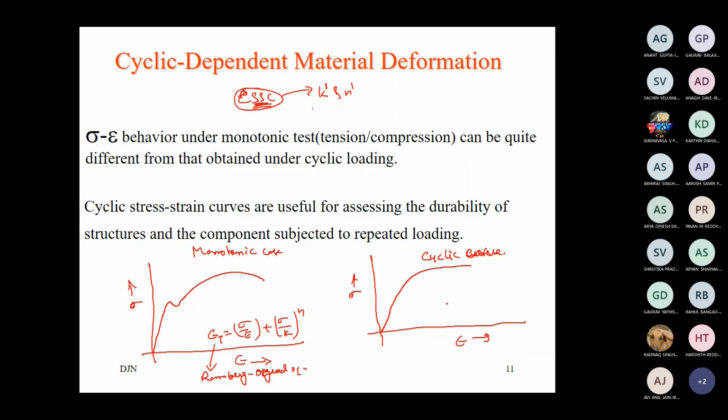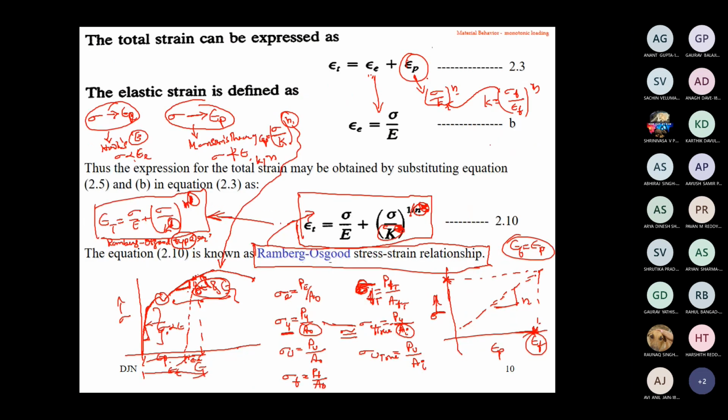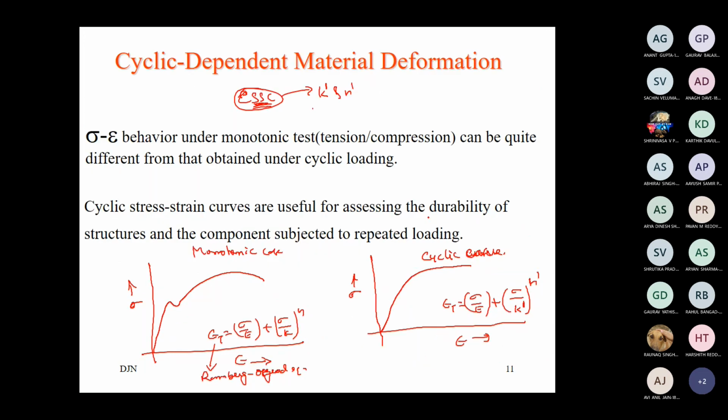A similar curve you have. Here total strain is sigma by E plus sigma by K dash to the power n dash. I think it is 1 by n dash, sorry. I have written only n dash here. It is 1 by n, please make a note. So here it is 1 by n dash.